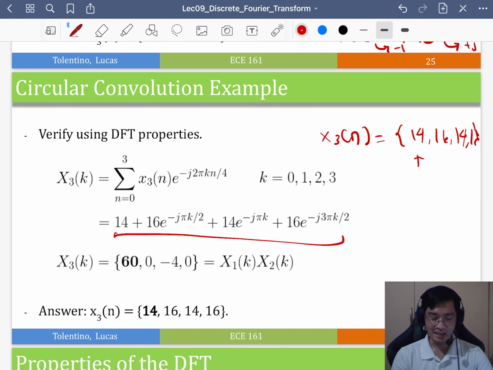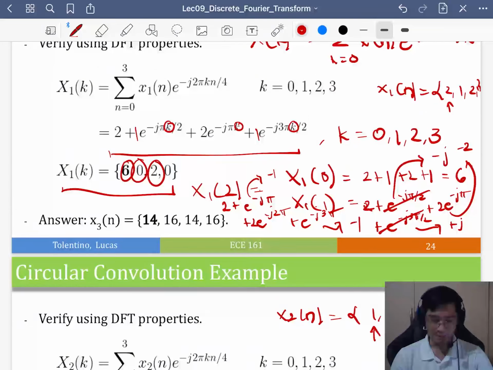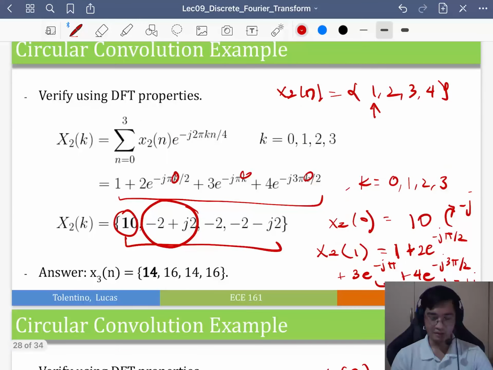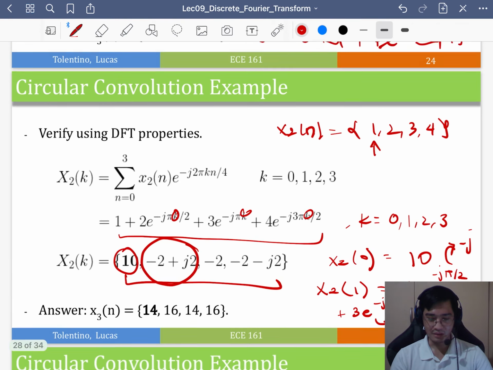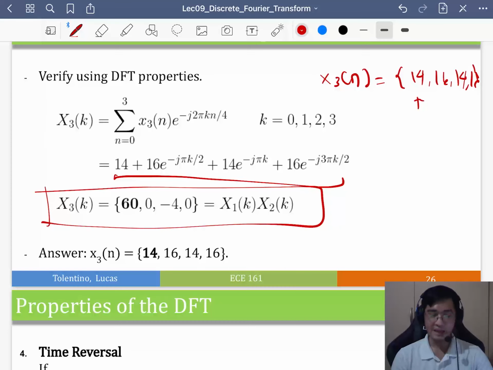And you could see that this is actually equal to x1 of k, which is 6, multiplied by x2 of k, which is 10. 0 times this imaginary expression, 2 times negative 4. So we satisfied the property. That is just the proof that for circular convolution of two signals, when you do the DFT of that, we are getting the product of the individual DFTs. Okay, so that's it for circular convolution.